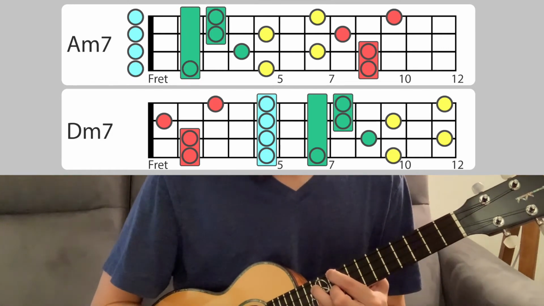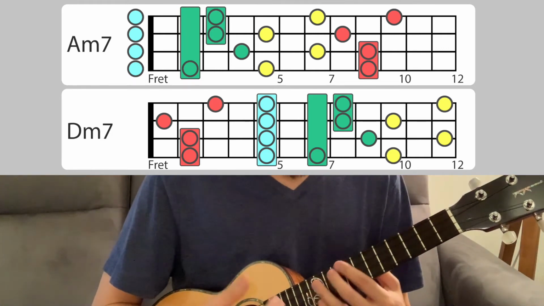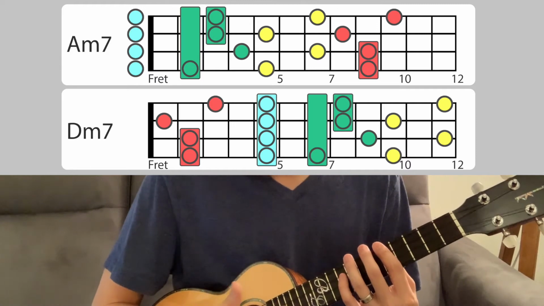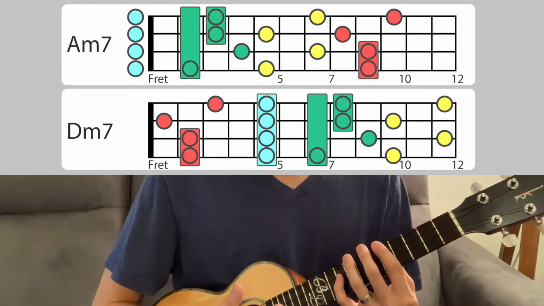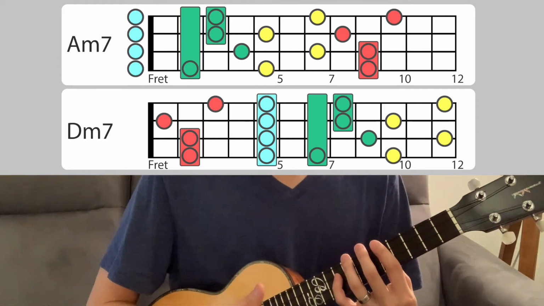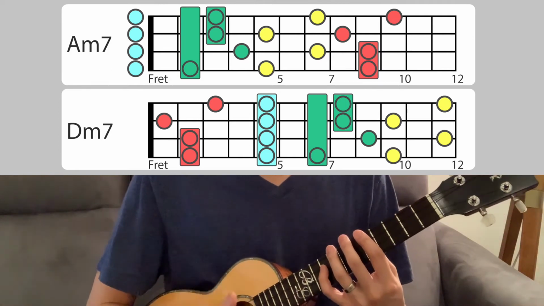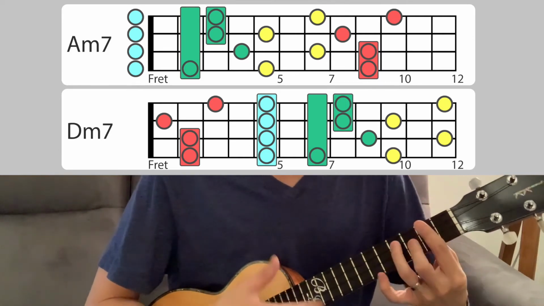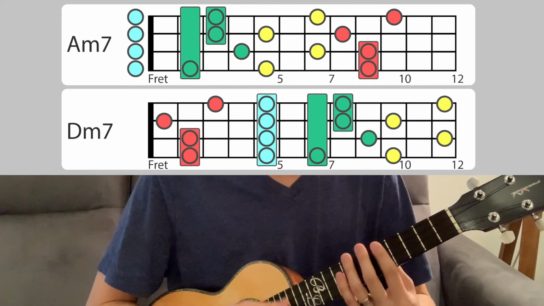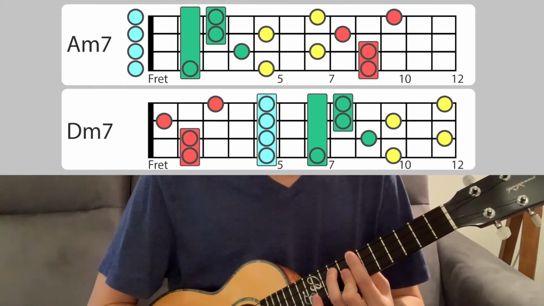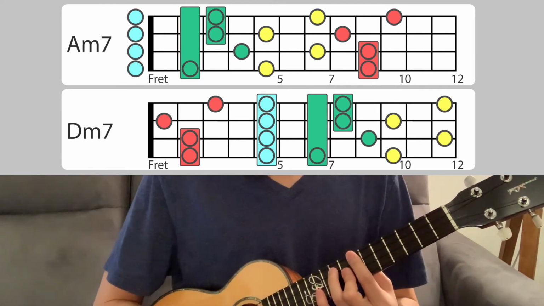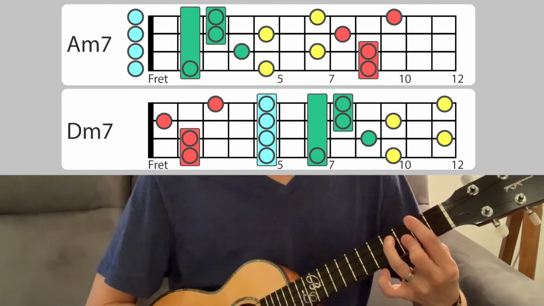What you're noticing is that the relationship between the blue shape and the green shape is identical for the A minor 7 and for the D minor 7, right? It goes like that, or in D minor, right? And likewise with between the green and the yellow, right?